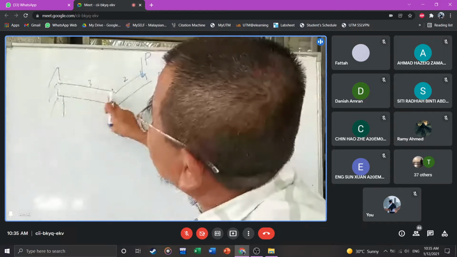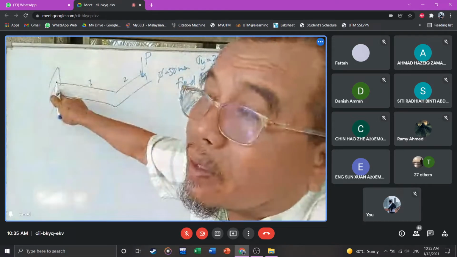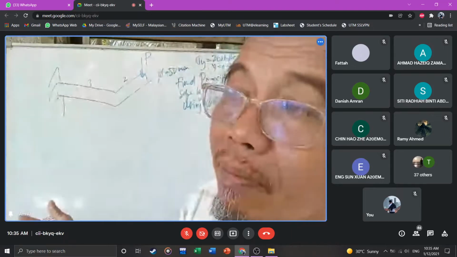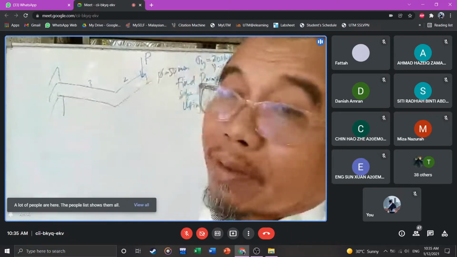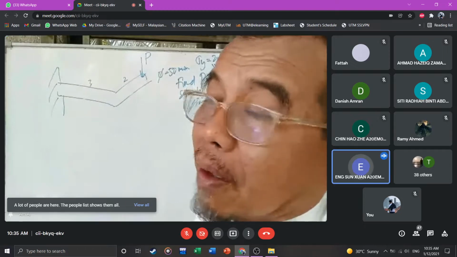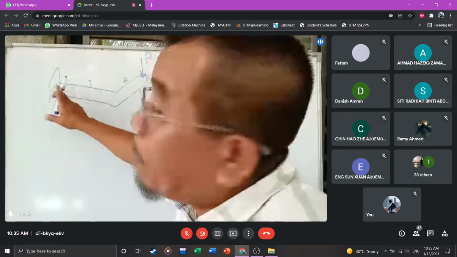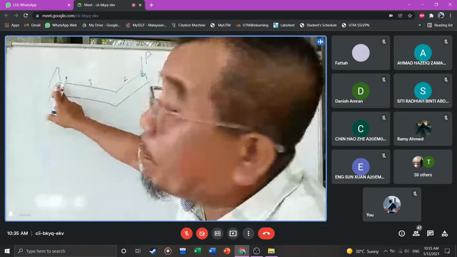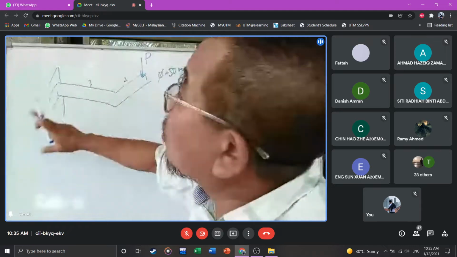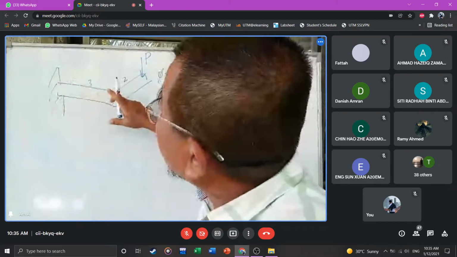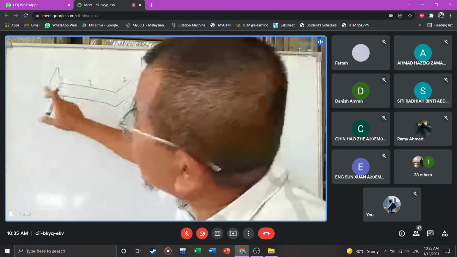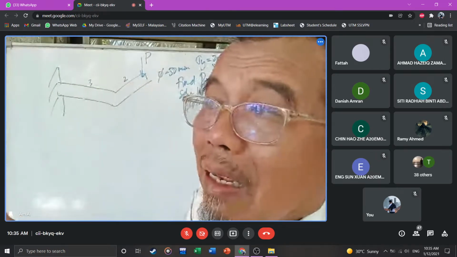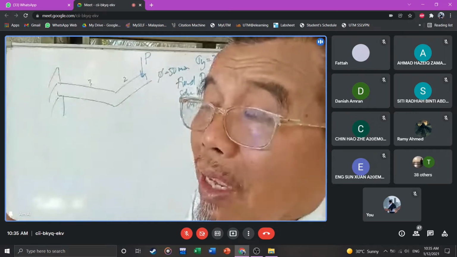We have torsion here and here, right? Yes. So by torsion, here and here is the same, because torsion is 2P, right? By bending moment, here and here is 0 bending moment. Here is 3P bending moment. So we have bending moment and torsion here, 0 moment and torsion there. So this is more critical. That's how you make a reason. Are you with me? Yes.